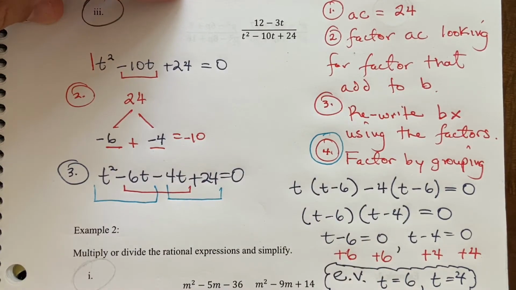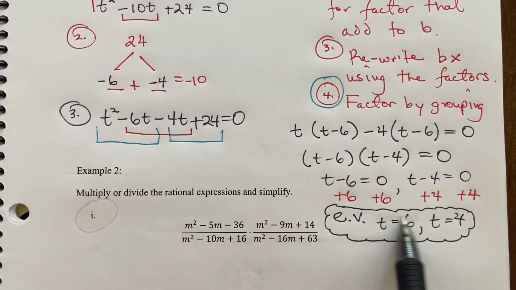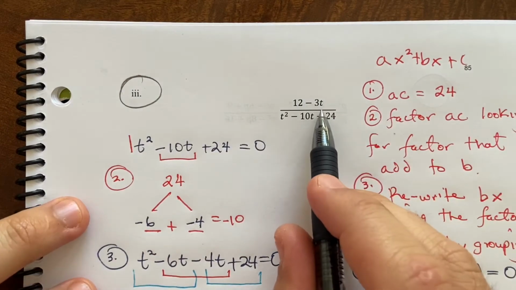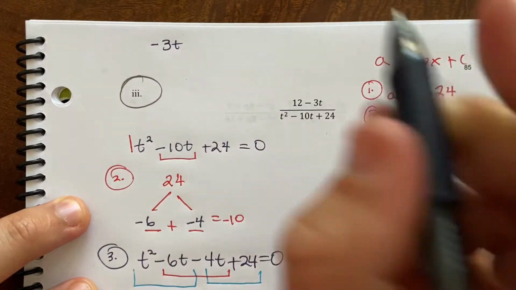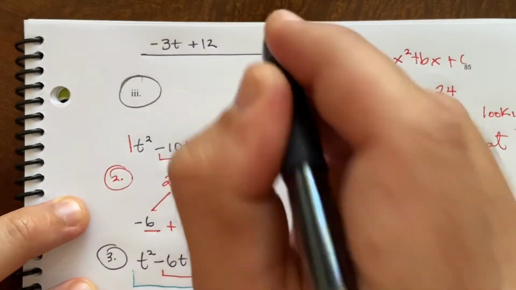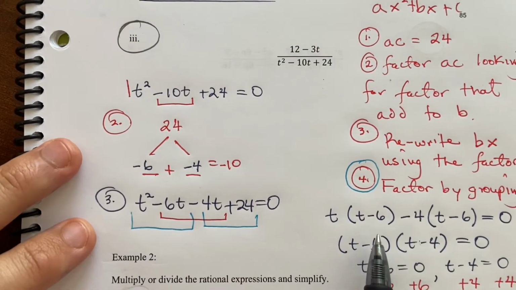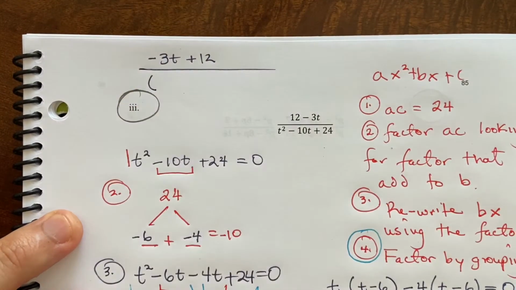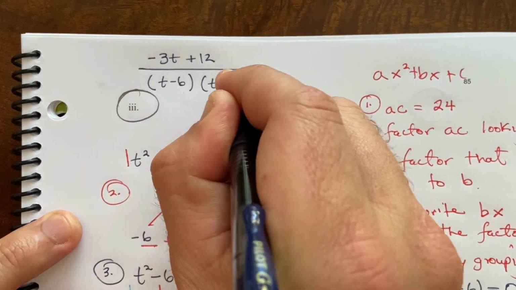Okay, so what I'll do now that I know that, so that's part of our work, I'll go back and rewrite this as negative 3t plus 12 over this factorization. Sorry, I'm going to actually write the denominator in its factored form. So we would have t minus 6 times t minus 4.